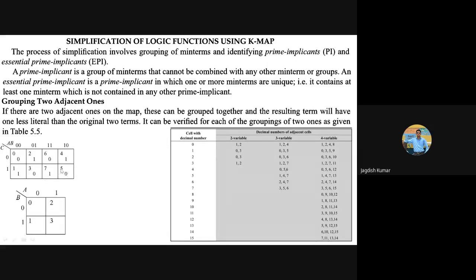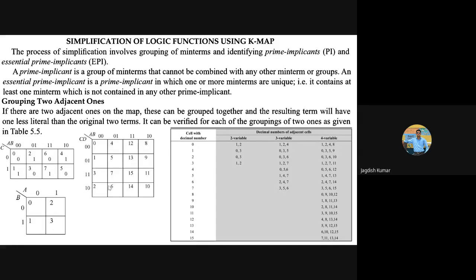Similarly, a pair is possible for 5 and 1. For 1, the neighbors 0 and 3 are clear cut. There is one pair here, one pair possible here, and 5 also. This can combine with this as well.